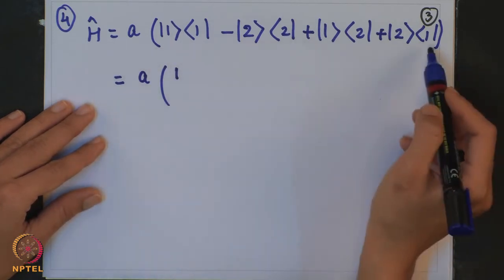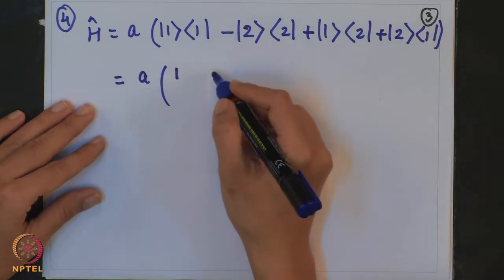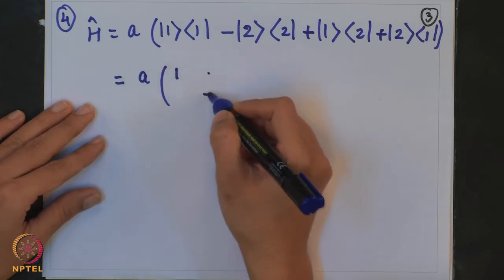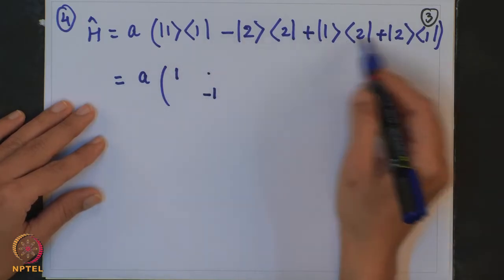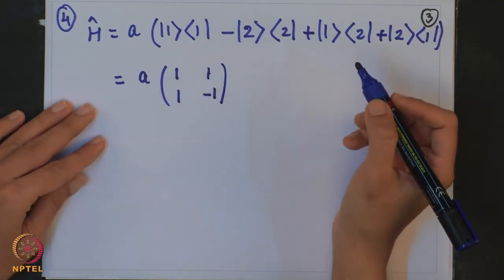This is a Bra-Ket notation. So here I am writing in terms of the matrix. So this would give me 2 2 is minus 1, this is plus 1 plus 1. So simply I can write it like this.